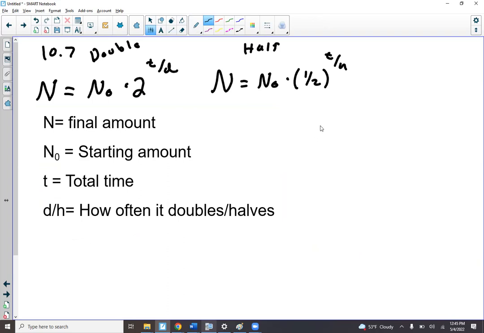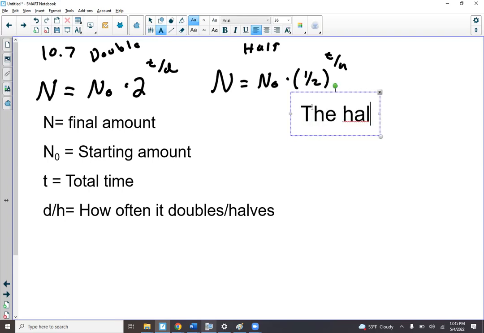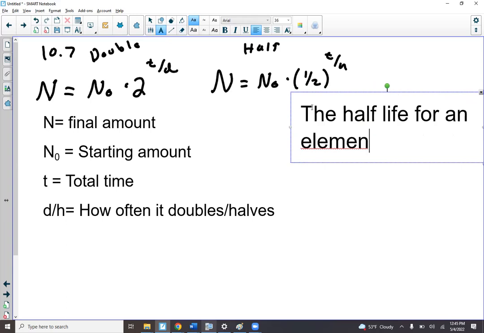Okay, so very quick question. The half-life for an element is 10 days.